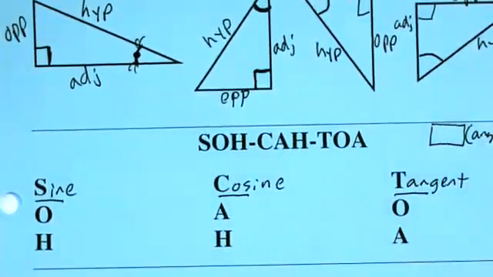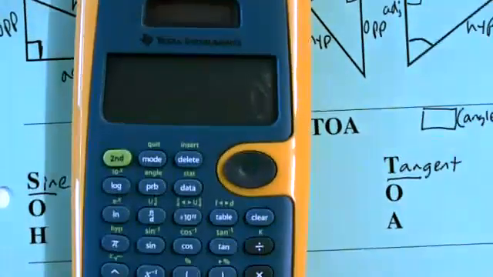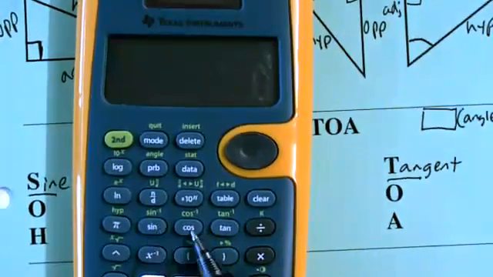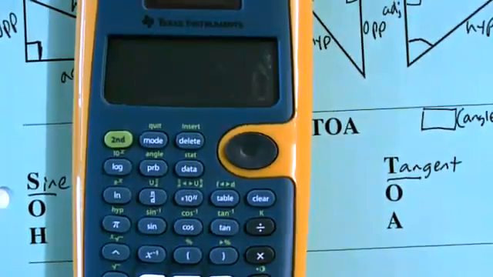That may be familiar because you've been looking at those three buttons on your calculator. I asked you at the beginning of the year to get a scientific calculator, and that sin, cos, and tan on there is what you're dealing with: sine, cosine, and tangent.